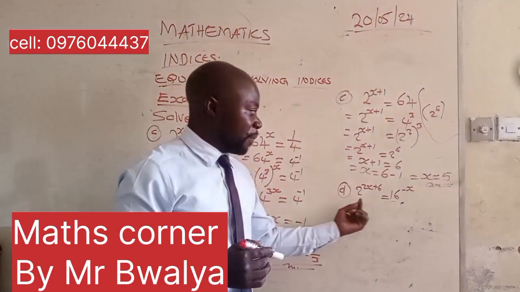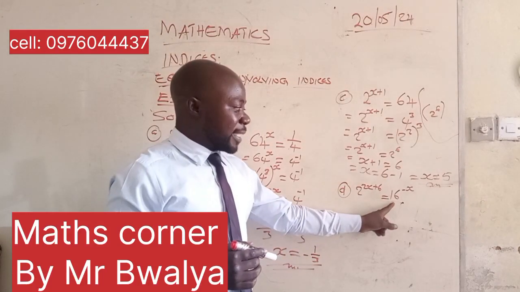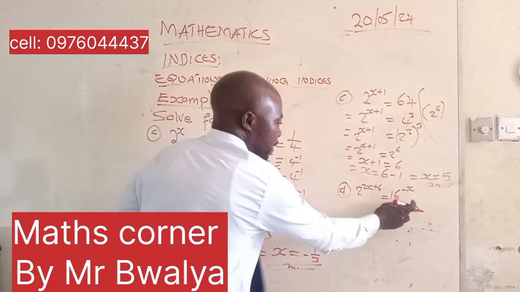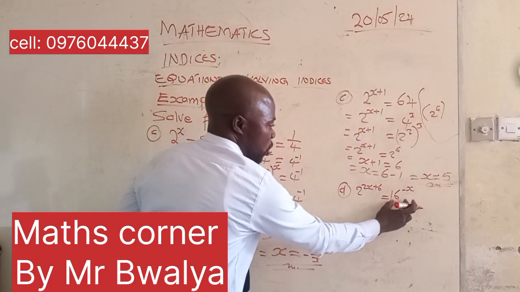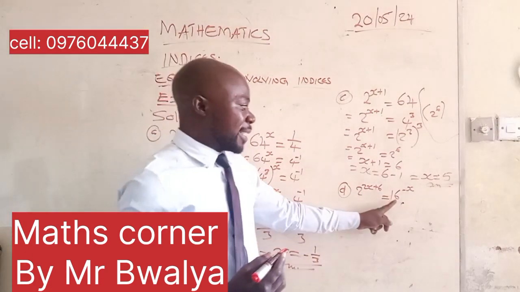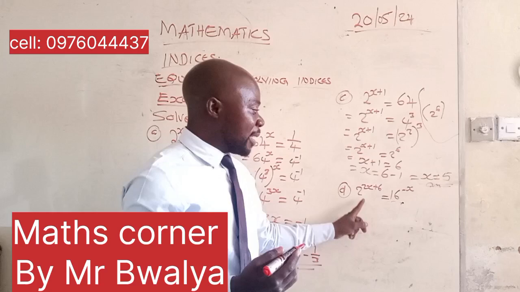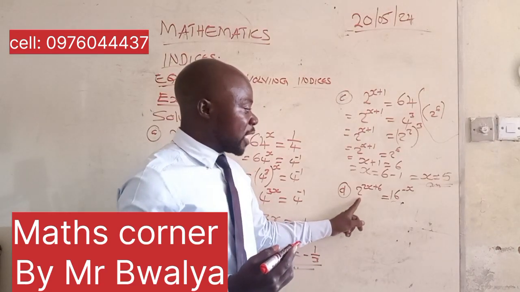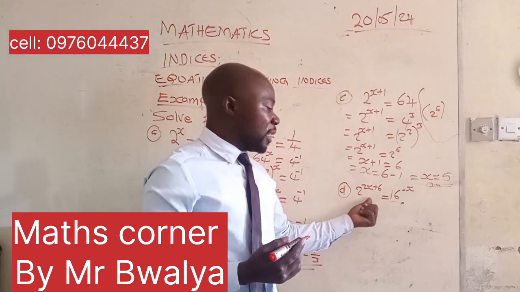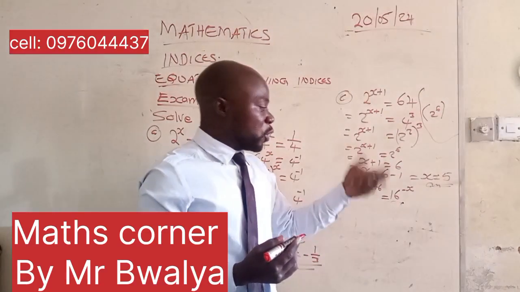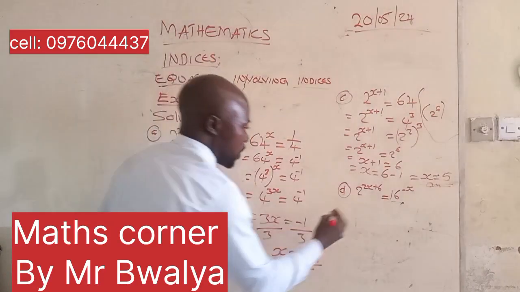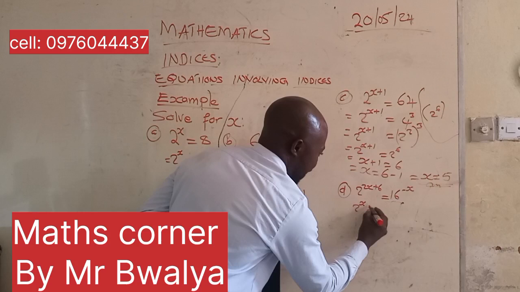Since we've been given 16, we need to look for a number which we can multiply by itself to give us 16. Since we have been given 2 already, we need to be in the range of 2. How many times are we going to multiply 2 by itself to give us 16? We will determine from there. So 16 is equal to 2 to the power x plus c.